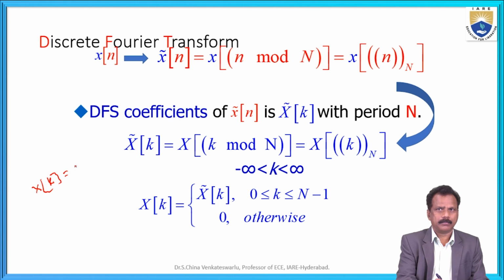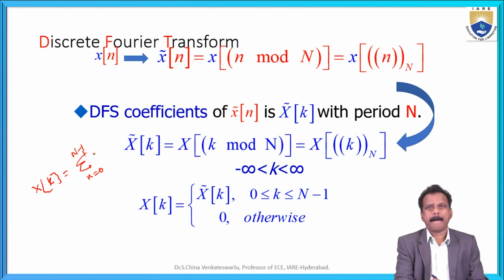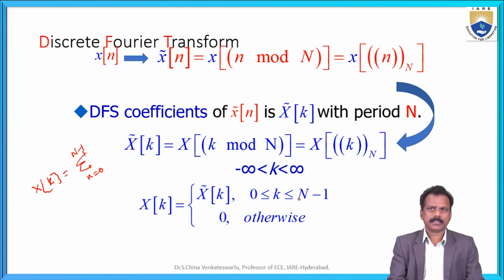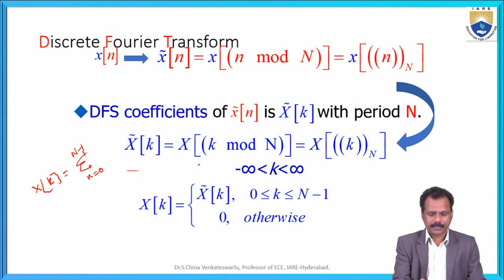We know that the discrete Fourier transform X(k) is equal to the summation where n is equal to 0 to N minus 1 of x(n). With reference to this, X̃(k) is equal to X((k mod N)), over the interval minus infinity less than k less than infinity.